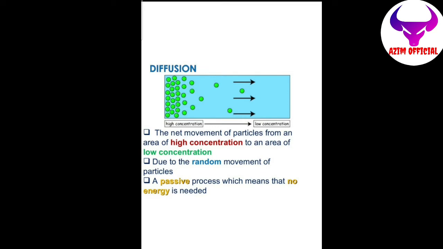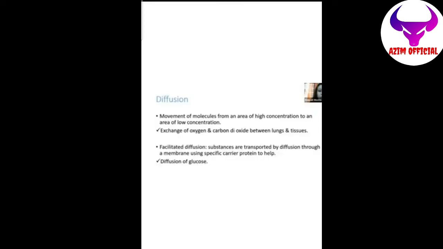Okay, so it is doing it itself. So passive process. Am I clear here about the diffusion? Yes, sir. Okay. If you have any doubt, ask it instantly. Okay. Next slide, please.